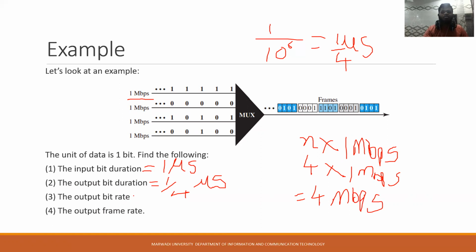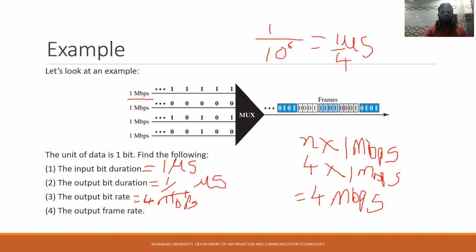So the output bit rate will be 4 Mbps, right? Then we have the output frame rate. So how do you find the frame rate? We have the frame duration, right?